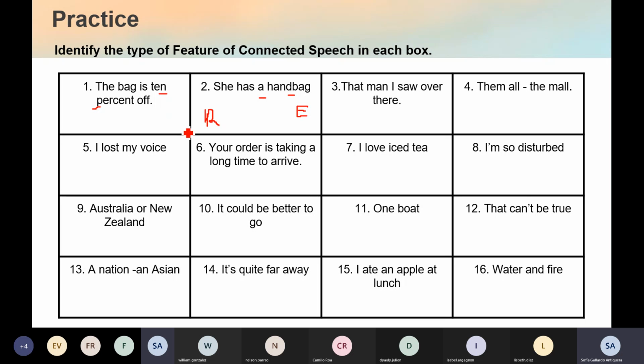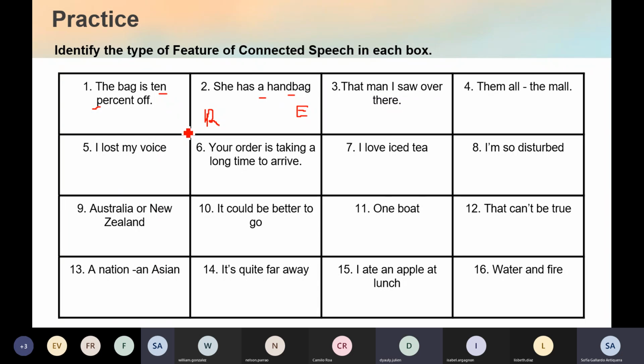What else? Then we have like a linking between, I think, has and a. She has. Linking, what would be this? But do you remember we reviewed linking R, right?